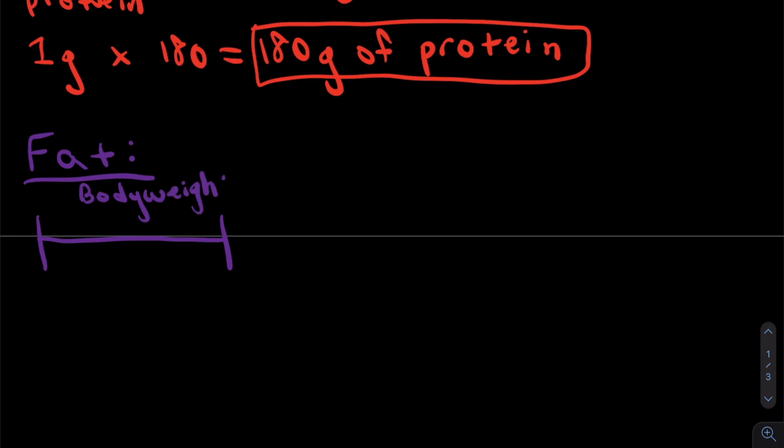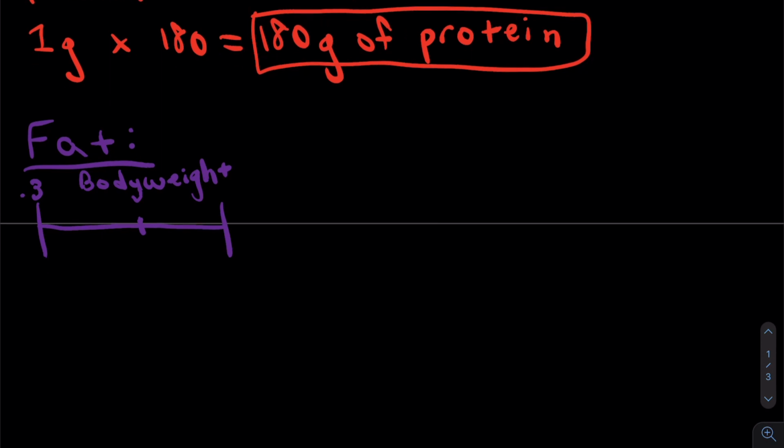Body weight. Now I have 0.3 would be someone that isn't too much a fan of fat but likes to eat more carbs. So someone that likes to eat breads, pasta, rice, things of that sort, they would most likely be in the 0.3 section. Put them at carb lover.